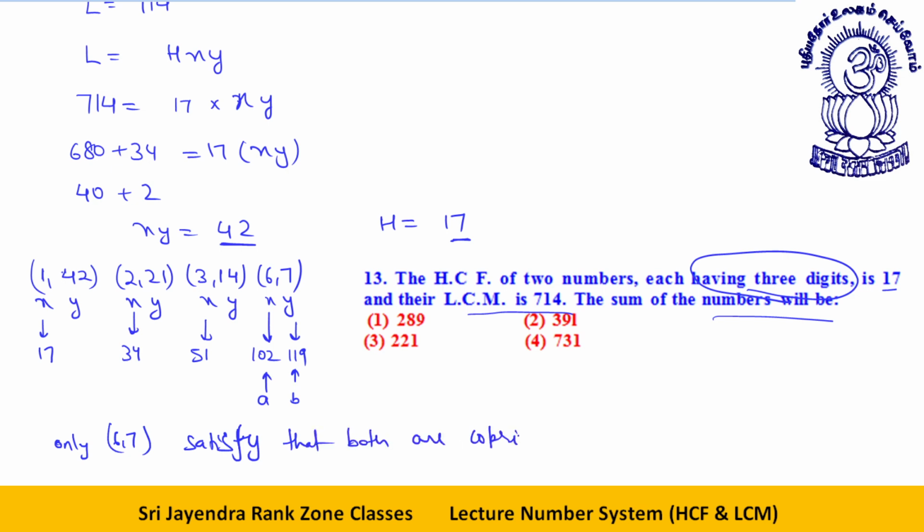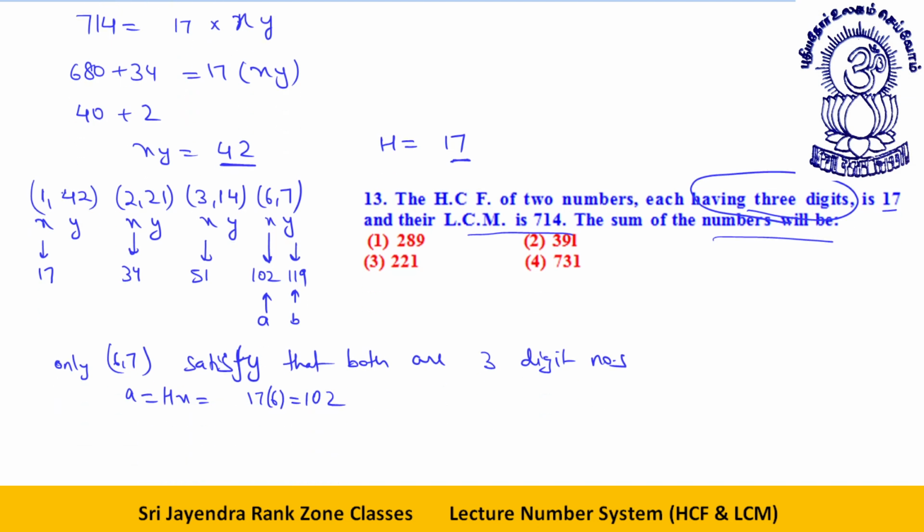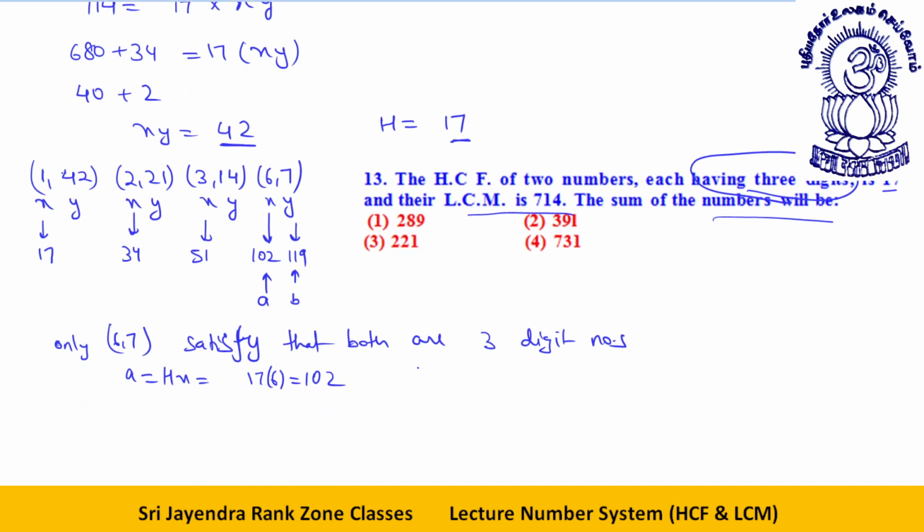Both are co-prime, and both are three-digit numbers. So 102 and 119 are your numbers.